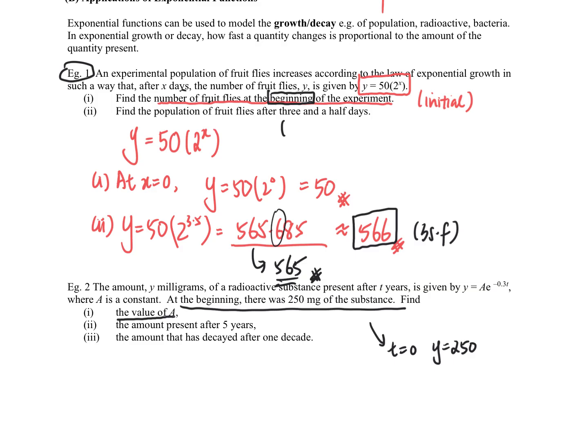It's 0 days. So beginning means 0 days. This one is after 5 years, so t equals 5. After 1 decade, how many years is a decade?